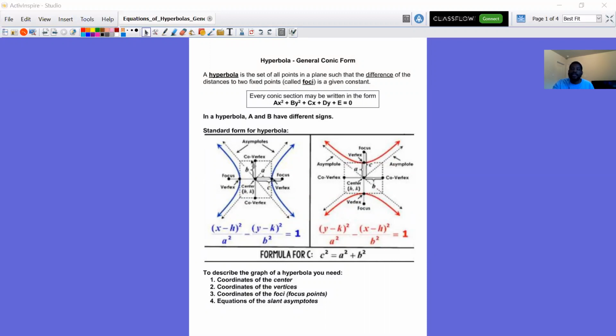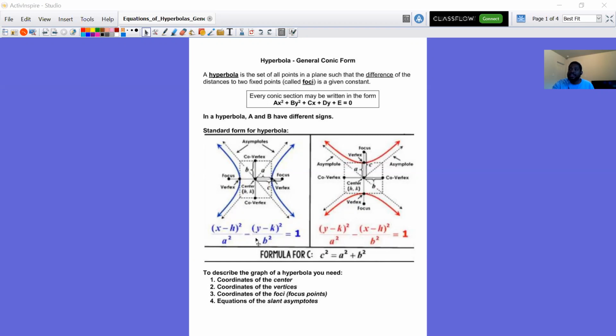We have one where the hyperbola opens left and right, and that's based off the x squared term being over the a squared term. You also have a hyperbola that opens up and down, and that's due to the fact that the y squared term is over the a squared term.